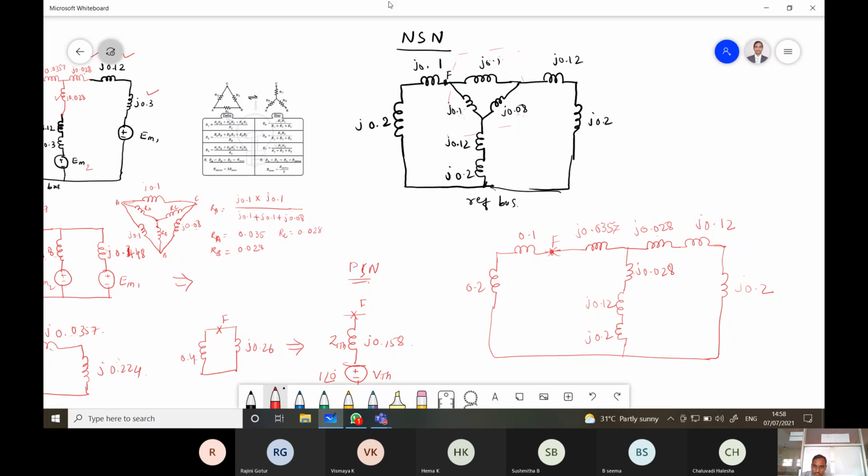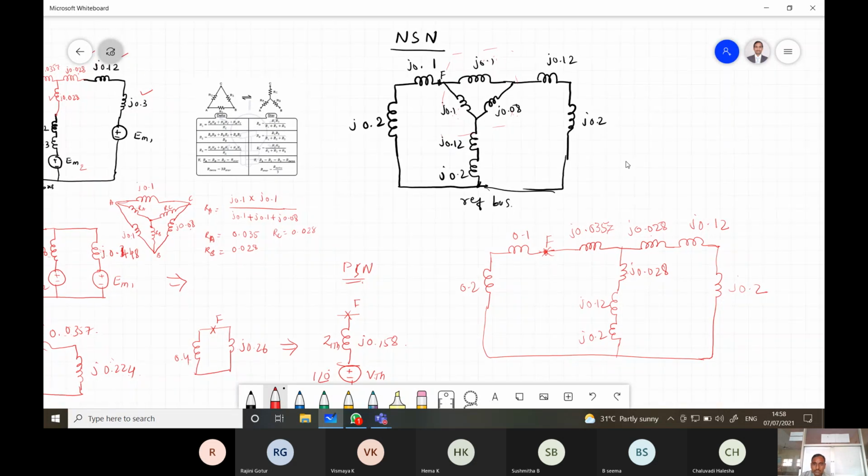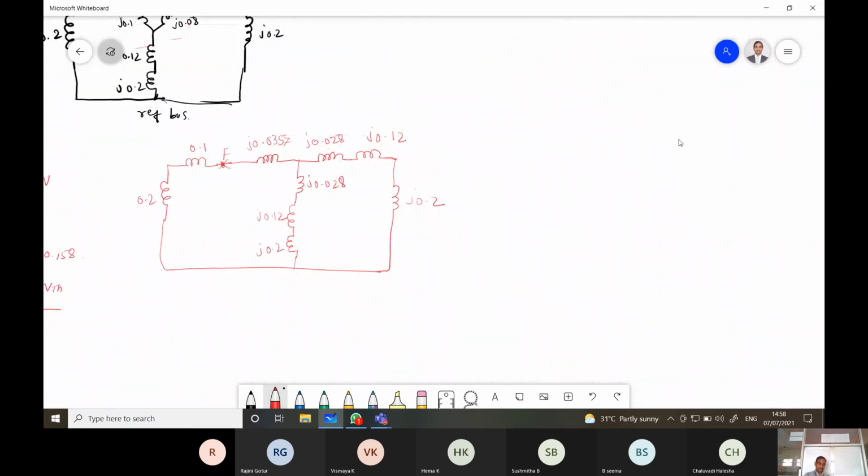Okay, again simplify, same thing as in the previous circuit. Simplify this, you will get these two in series. 0.1 and 0.2 will become J0.3, and the fault is here.